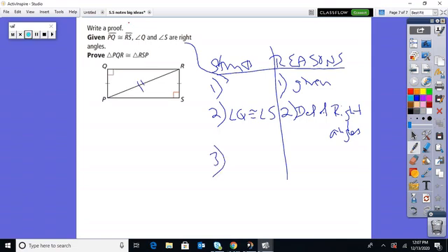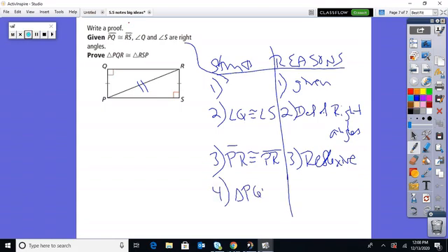And then we got to go with the reflexive property. PR congruent to PR, reflexive. And now that's enough to say triangle PQR congruent to triangle RSP by hypotenuse leg. All right, so 2 new friends today, SSS and HL, and they're adding to our list.